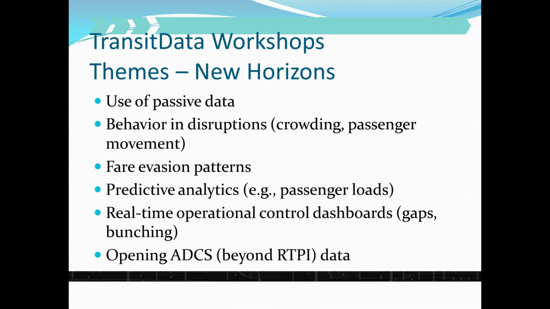And also, there are a few systems that are starting to open up data under the pressure of open data. So not only providing real-time passenger information data, but actually providing more detailed AVL, APC type data and making it available. Not very many places are doing that, but it is a trend that's starting to appear.